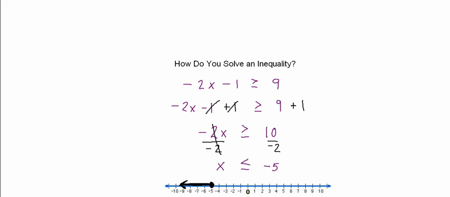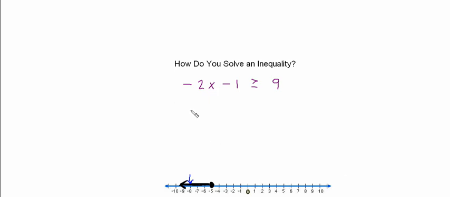So now let's test our solution. If we plug negative 8 into our original inequality, it should evaluate to be true. So let's test it. We can write negative 2 times negative 8 minus 1 is greater than or equal to 9.